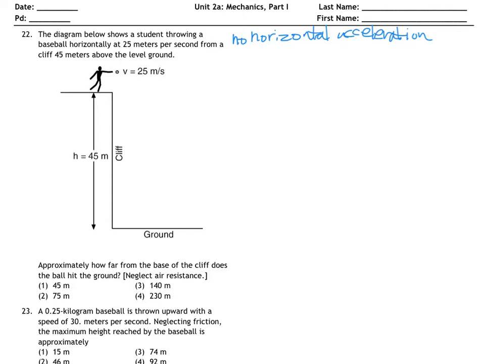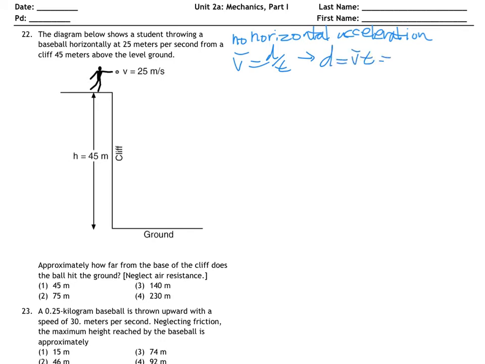That also means the equation I'll ultimately use to find the distance from the base of the cliff is v bar equals d over t. It lacks any reference to acceleration, and I will rearrange it so that d equals v bar t.